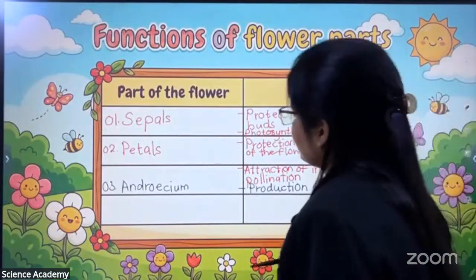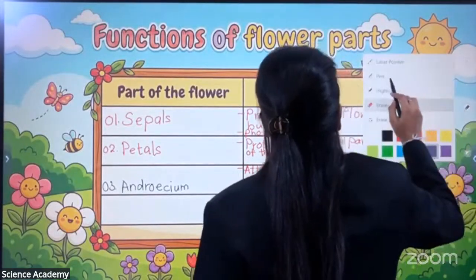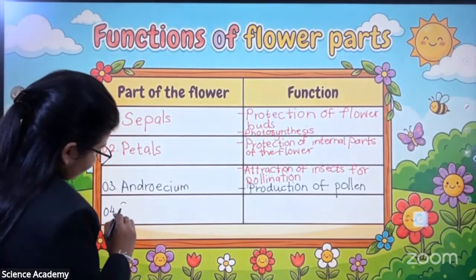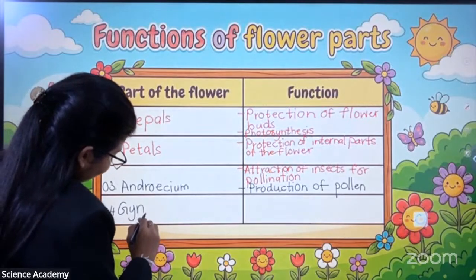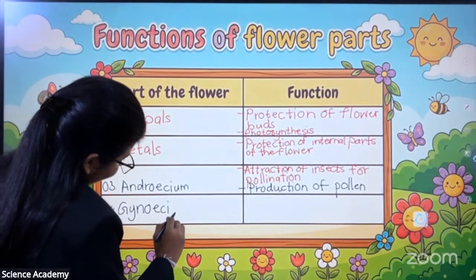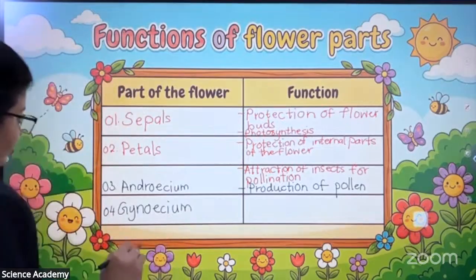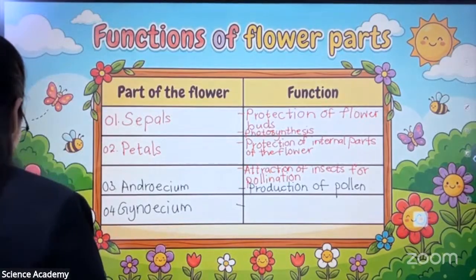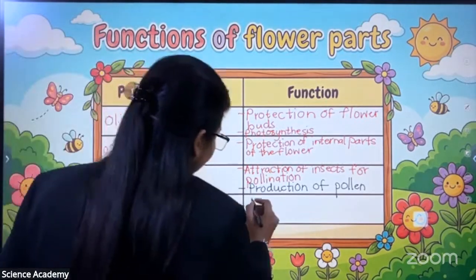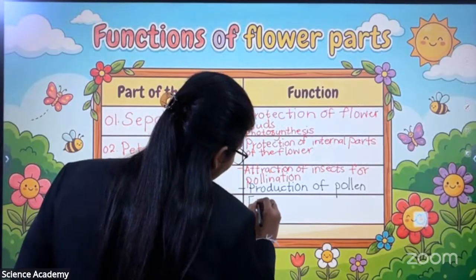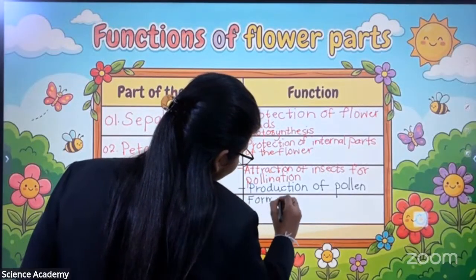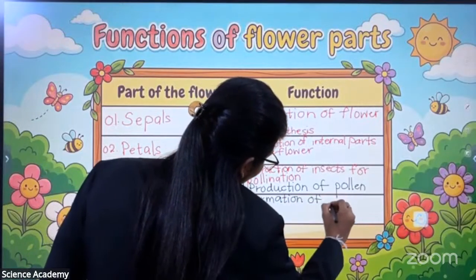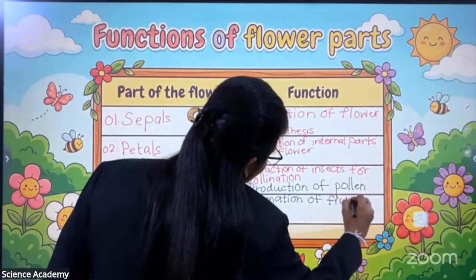Okay, so the next one. Gynoecium. We can write down formation of fruit.